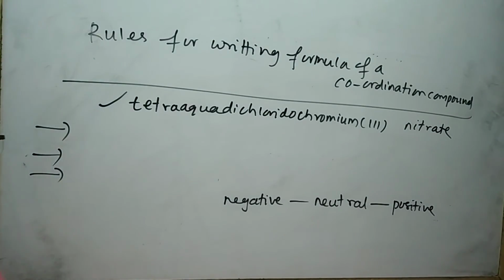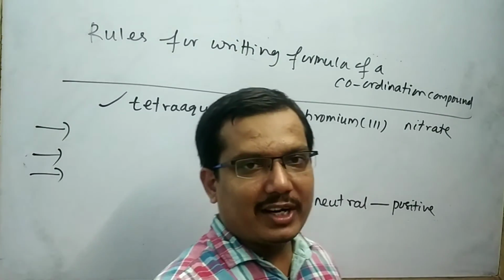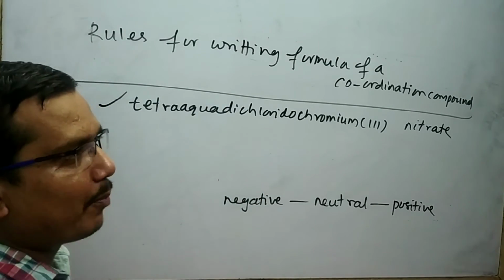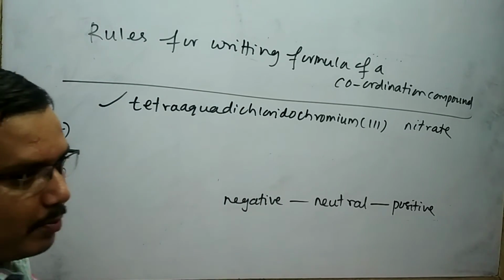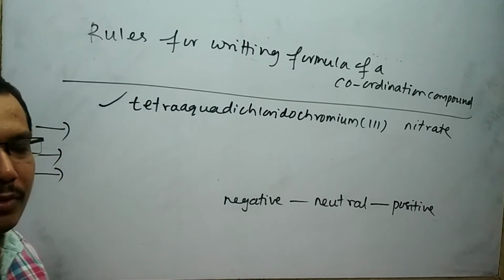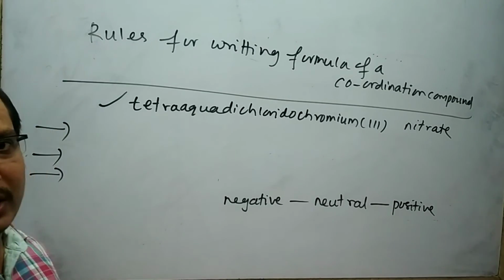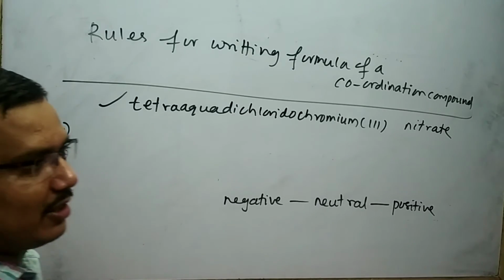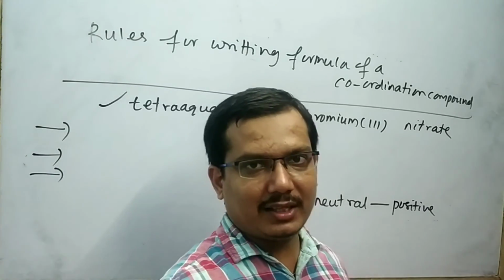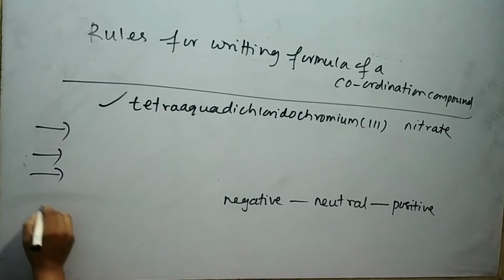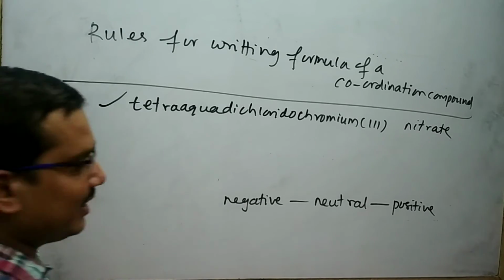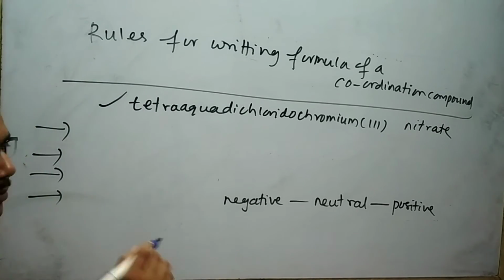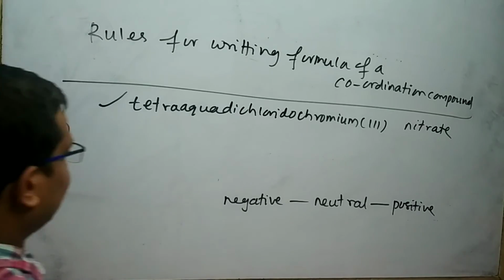Third rule is the abbreviation of a polydentate ligand and the formula of a polyatomic ligand must be enclosed in parentheses. But remember, there is no separation between the ligands. Fourth rule is there is no space between the metal and the ligand.